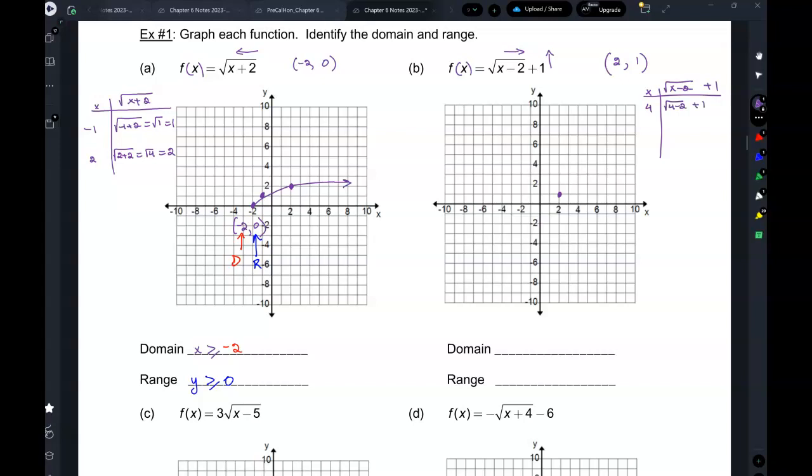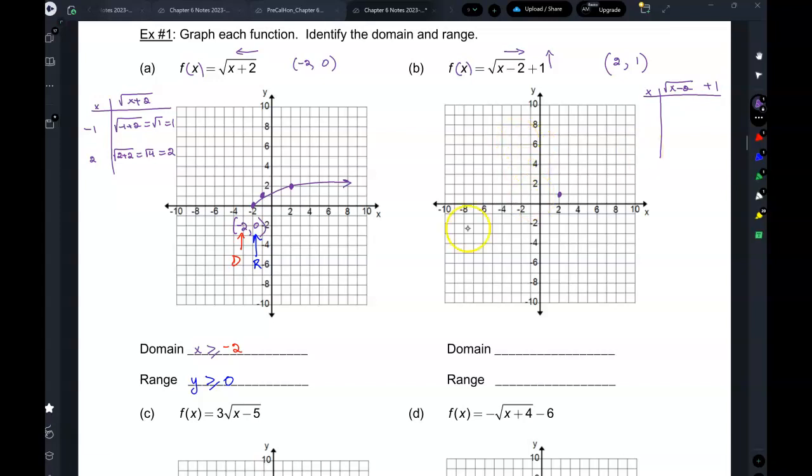So look, I get 2, right? No, 4 is not a good one. Sorry. What's a good one? No, you're going to put it into x minus 2.